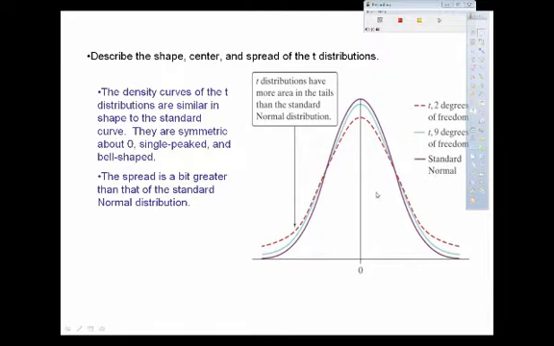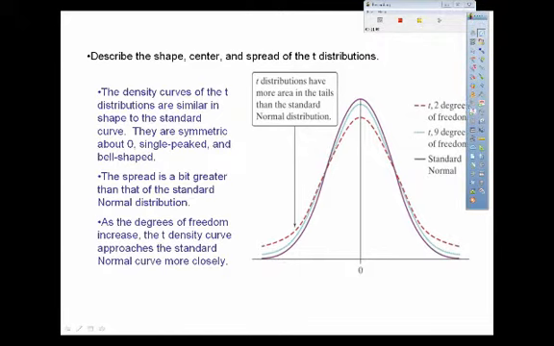If you look at this, the purple represents the standard normal. If we have 2 degrees of freedom, that's our red. But if we have 9 degrees of freedom, it's getting closer and closer to our normal curve.